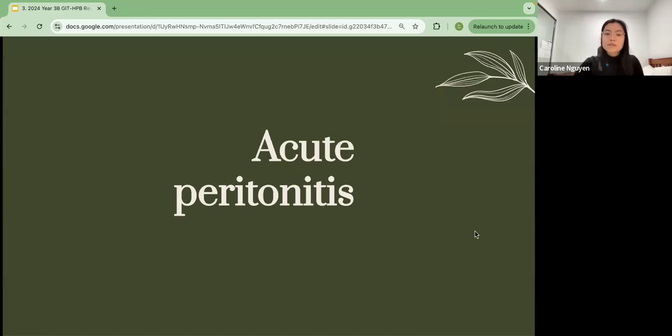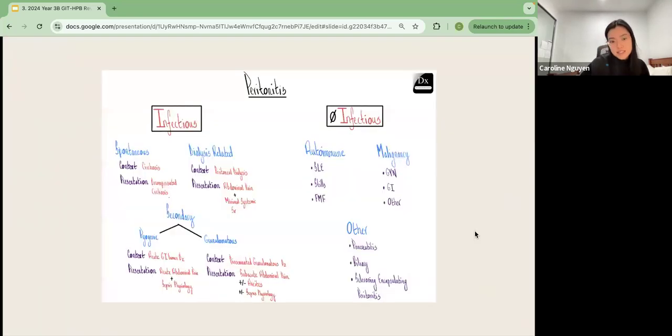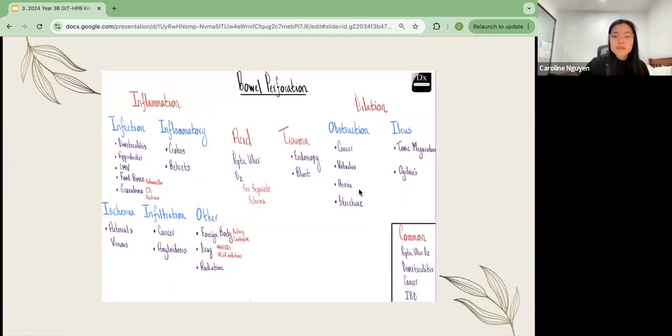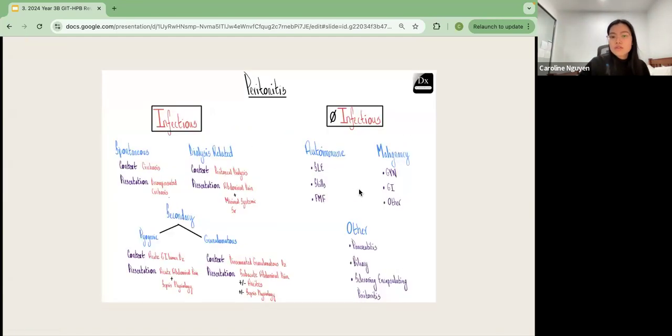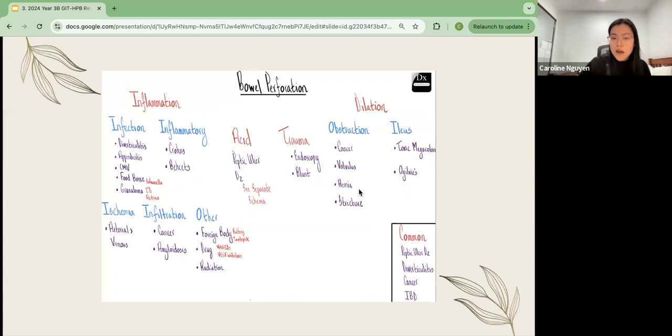On the topic of sepsis, acute peritonitis is next. There are mainly infectious conditions that cause it. We won't go into this too much because this is outside of 3B scope, in my opinion. A cause of peritonitis is bowel perforation.